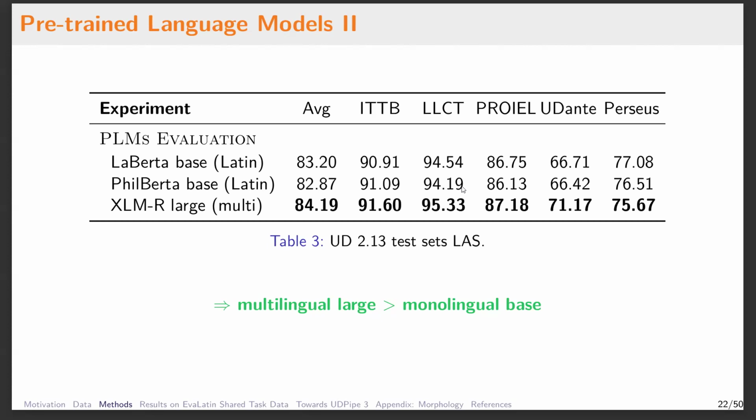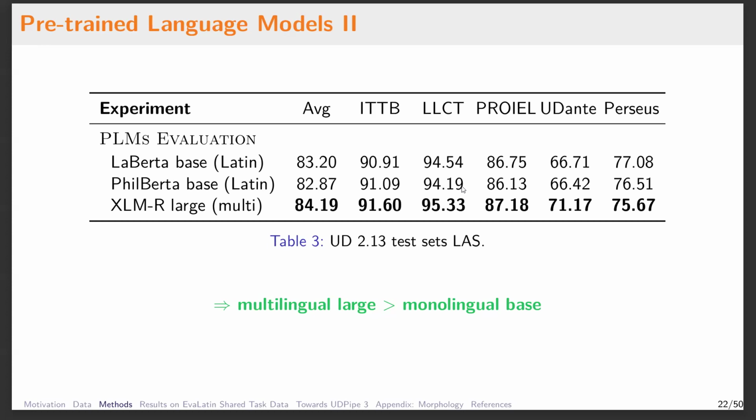As you can see across the board, these are the UD 2.13 treebanks. This is the macro average, that means averaged along the treebanks, and these experiments were done before we entered the testing phase, so these are preliminary experiments.